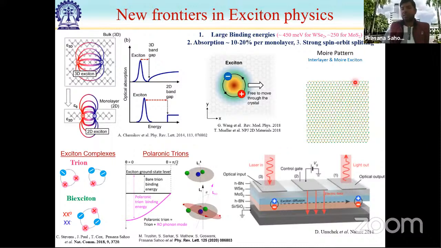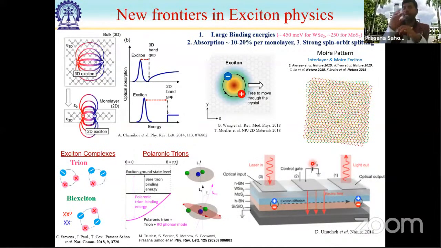Another emerging field is this: suppose you have a single layer of a 2D material and you stack another layer on it. What you see is the creation of an artificial lattice, which does not exist in the individual counterparts, but only when they align in a certain way can they form this kind of periodic pattern.